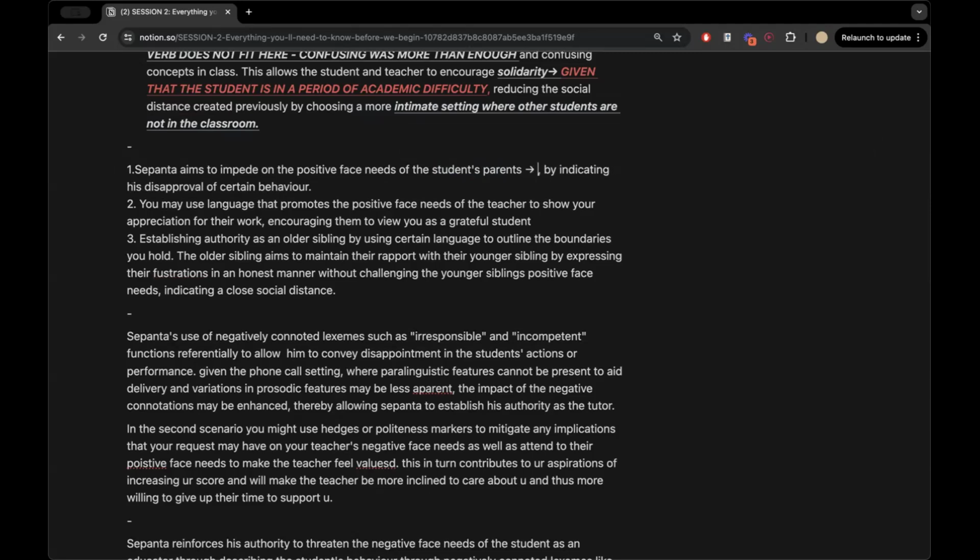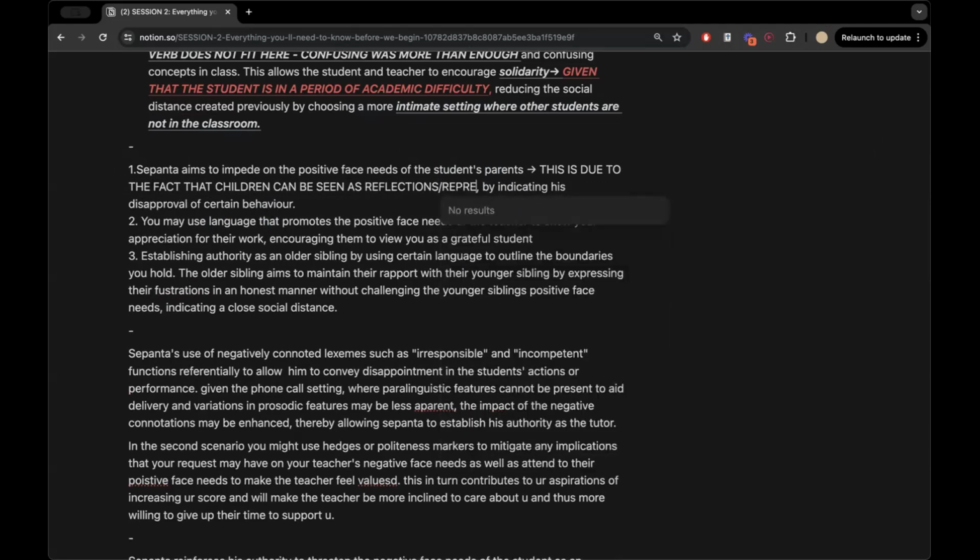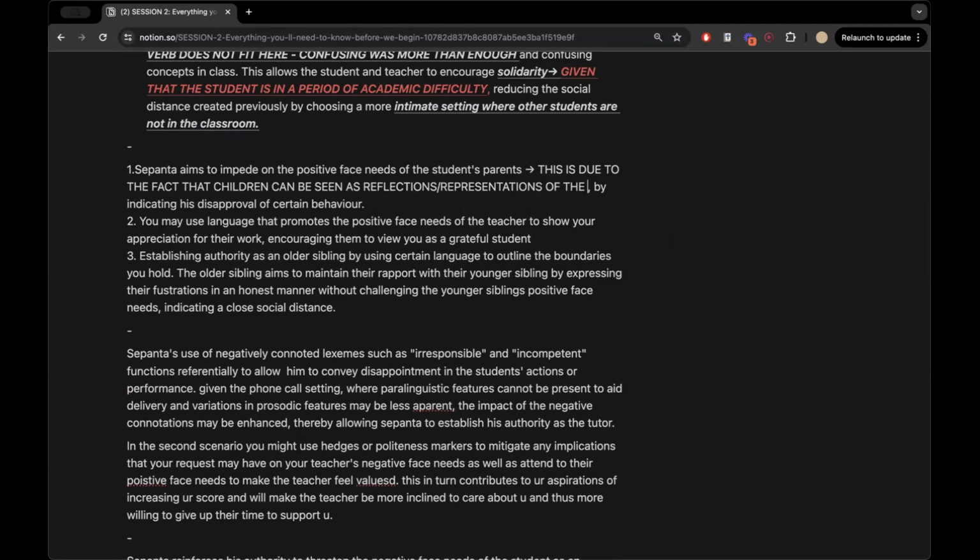It's true, but how? This may be, or rather, this is due to the fact that children can be seen as reflections or representations of their parents and upbringing, right?